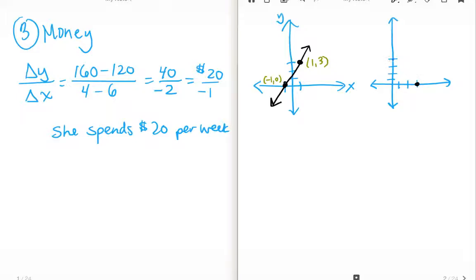We have time to do it. Okay, go ahead and find the rate of change on this one. You have to draw it. Oh yeah, it'd be good to draw.